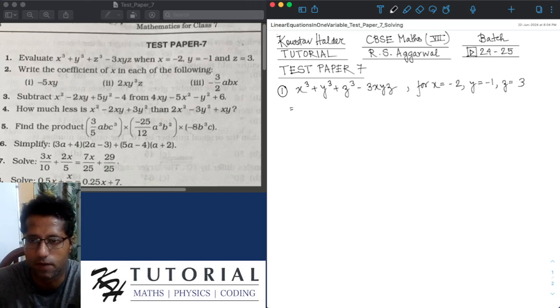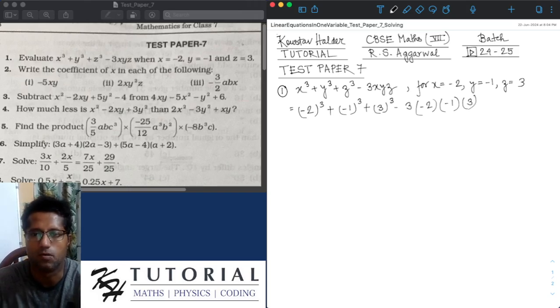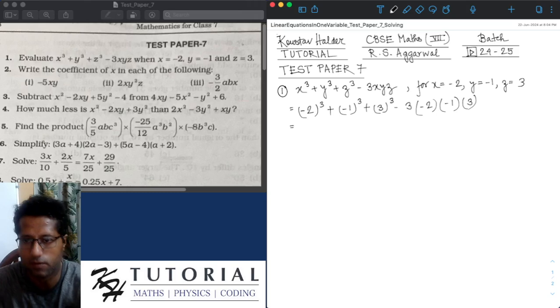After substituting the values of x, y, z in the algebraic expression, it becomes minus 2 cube for x cube, minus 1 cube for y cube, z cube means 3 cube, and minus 3xyz, where x is minus 2, y is minus 1, and z is 3. Okay, so now we have to evaluate this new arithmetic expression.